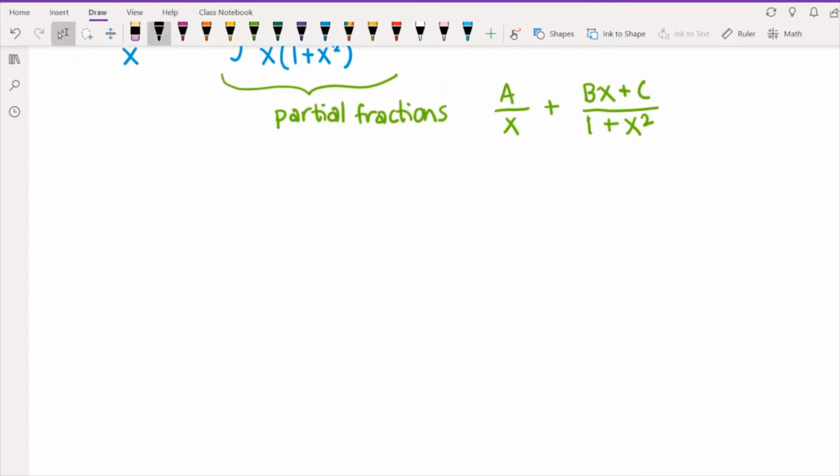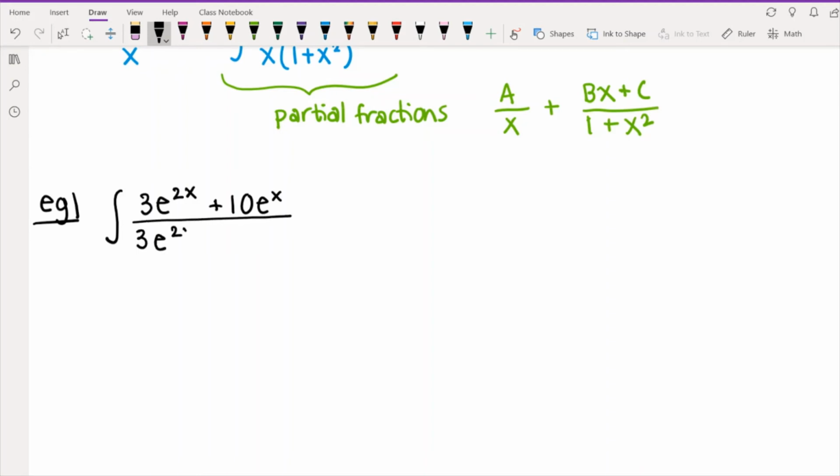All right, another example. So this next one I think is pretty tricky. So let's say that we have 3e to the 2x plus 10e to the x divided by 3e to the 2x plus 9e to the x plus 20.